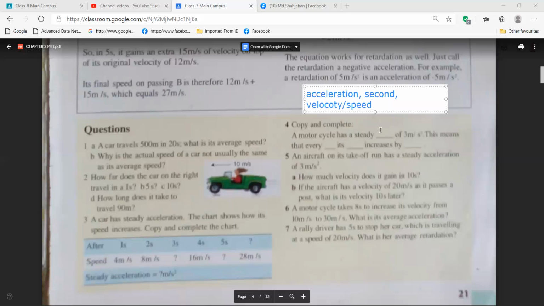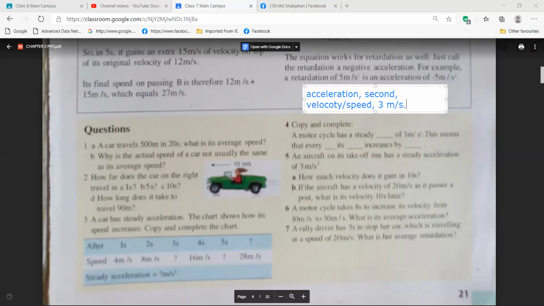Now, by how much does its velocity increase? 3 meter per second. Very good. That's why we are getting the acceleration of 3 meter per second square. This means that every second its velocity increases by 3 meter per second.